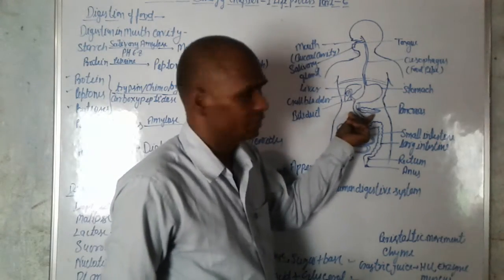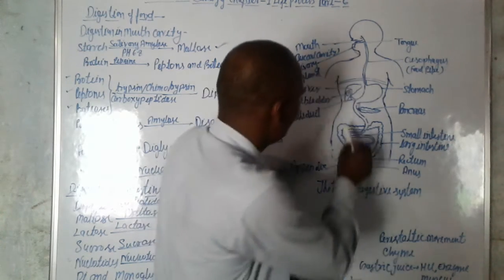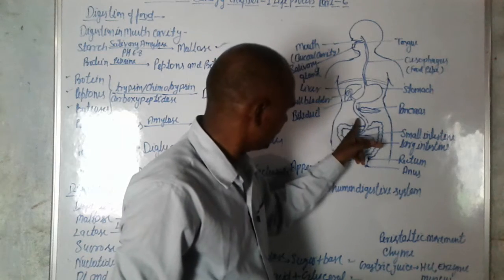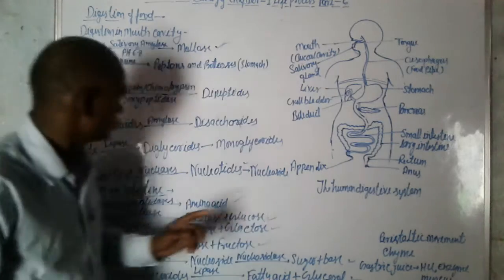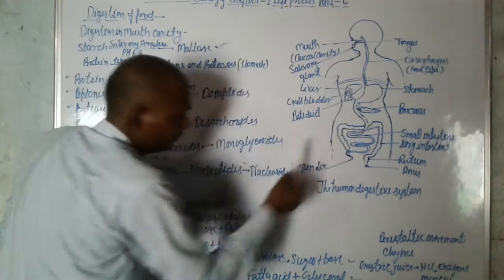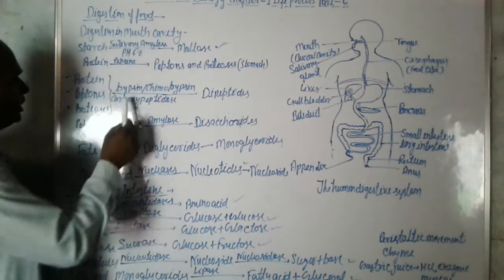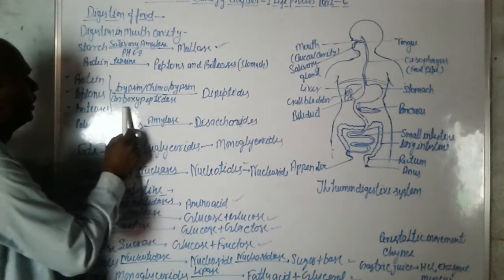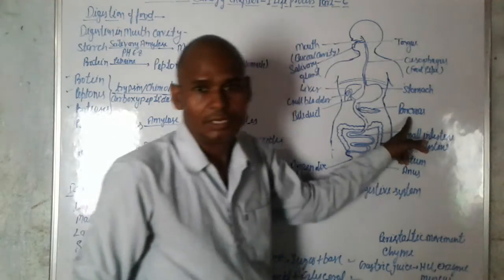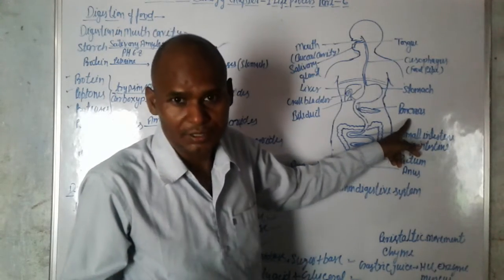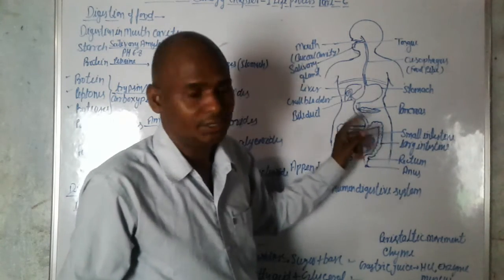In the small intestine, some enzymes occur, like trypsin, chymotrypsin and carboxypeptidases. In the pancreas, enzymes like trypsin and chymotrypsin are released and go to the small intestine.